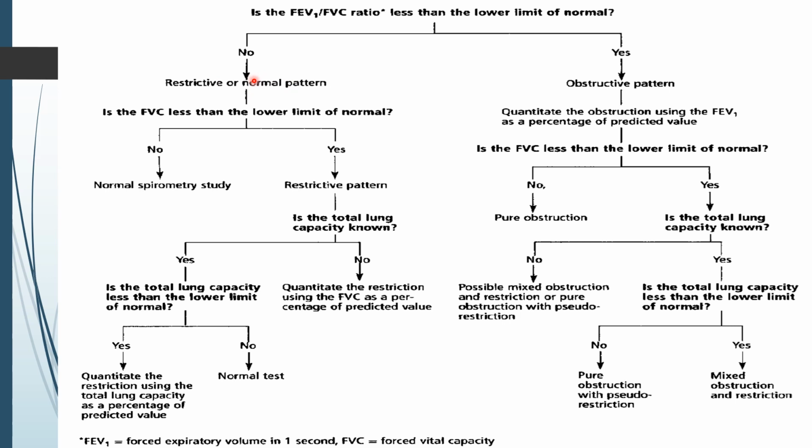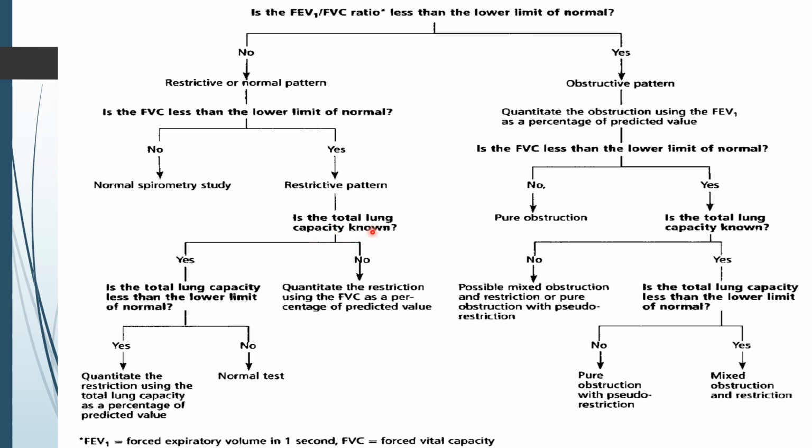So using this algorithm, we can come to a conclusion whether they are normal or restrictive or obstructive or mixed. So if the FVC is lesser than the lower limit of normal, then that is restrictive pattern. Then know the total lung capacity.